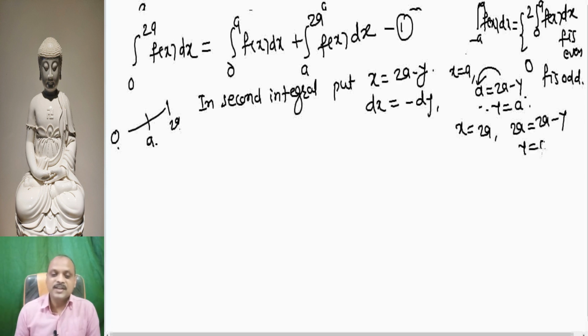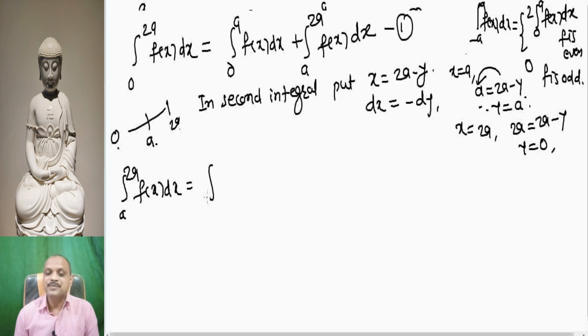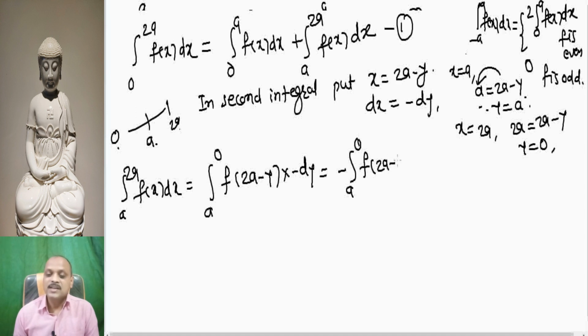So this integration a to 2a f of x dx will be converted into, for y equal to a and for 2a y equal to 0, f of 2a minus y into minus dy, which equals minus integration a to 0 f of 2a minus y dy, right? But by the second property we can change the limits, and then the sign will change.